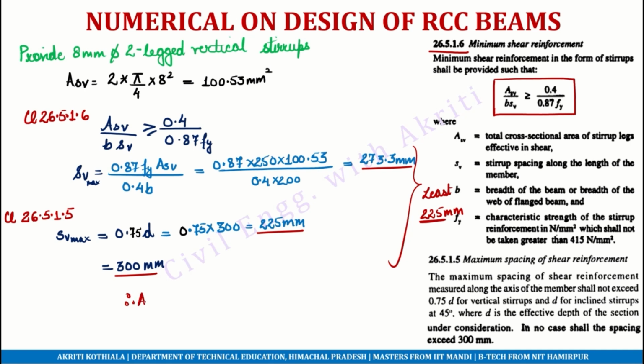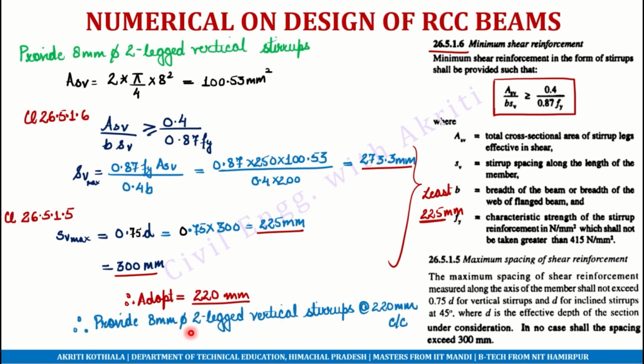Therefore, we adopt a spacing lesser than this maximum spacing. So let us assume this to be the nearest lower multiple of 10, that is 220 mm. So SV max, or the spacing which we are going to provide, is 220 mm. Therefore, provide 8 mm diameter 2 leg vertical stirrups at 220 mm center to center.